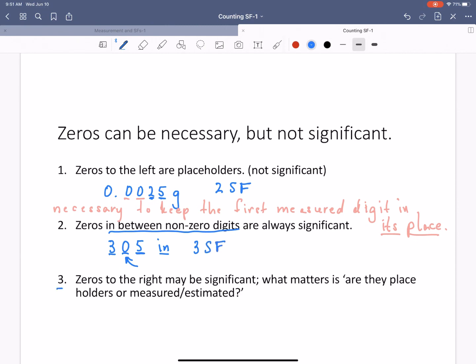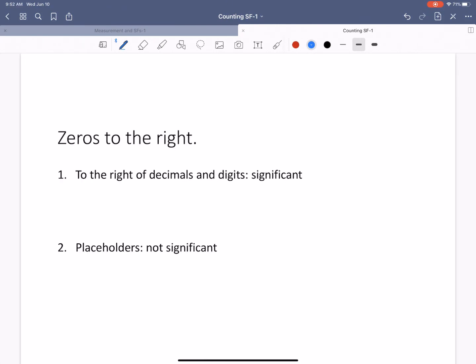Zeros to the right may be significant. What matters is, are they placeholders or are they measured and estimated? So we need to talk about that just a little bit more. Zeros to the right of decimals and digits are significant.